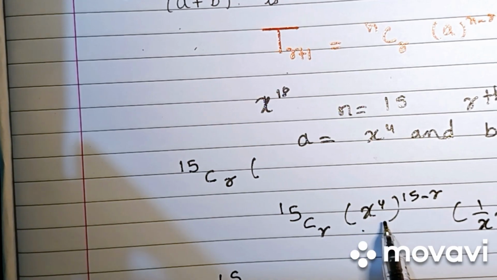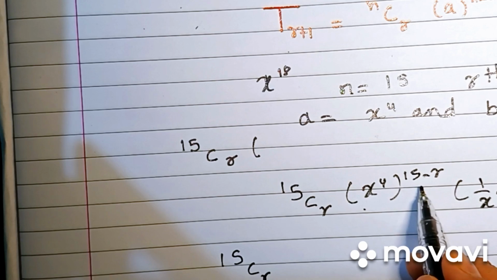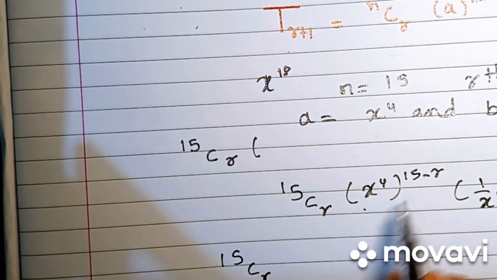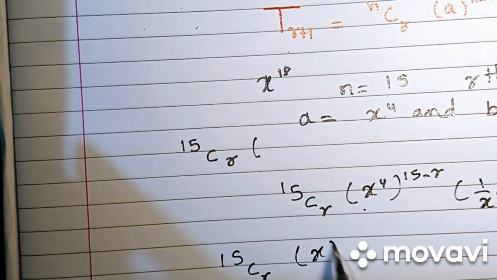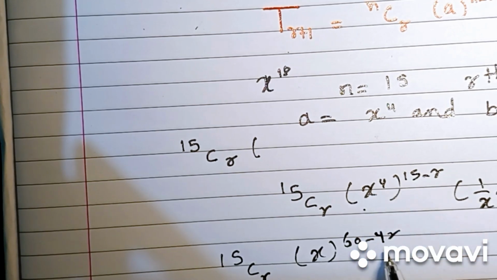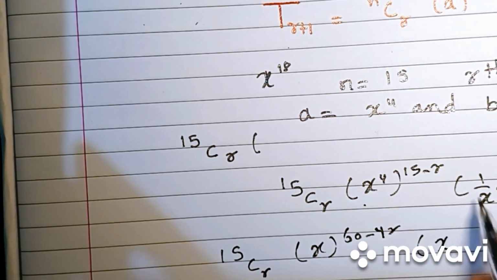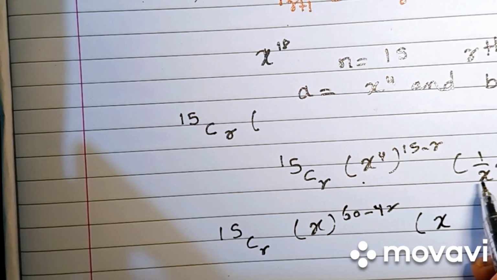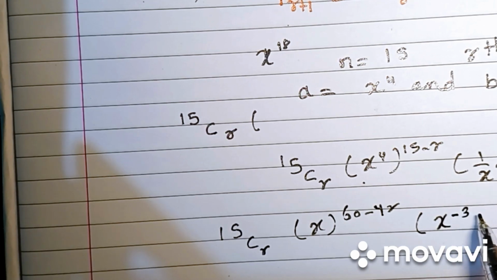X raised to power 4 and it is to the power 15 minus r, so the powers will be multiplied. It will become x to the power 60 minus 4r, because 15 times 4 is 60 and 4 into r gives 4r. Also in this bracket, 1 upon x cube will become x to the power minus 3, and to the power r.